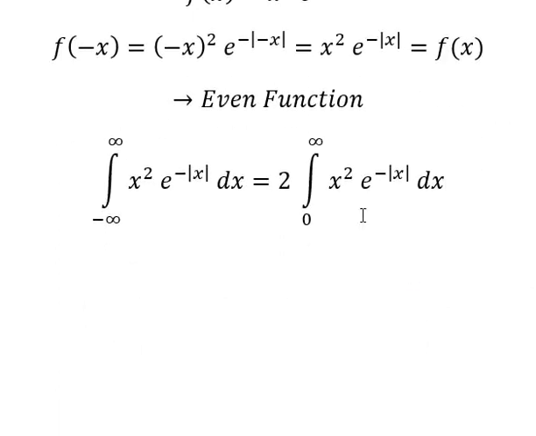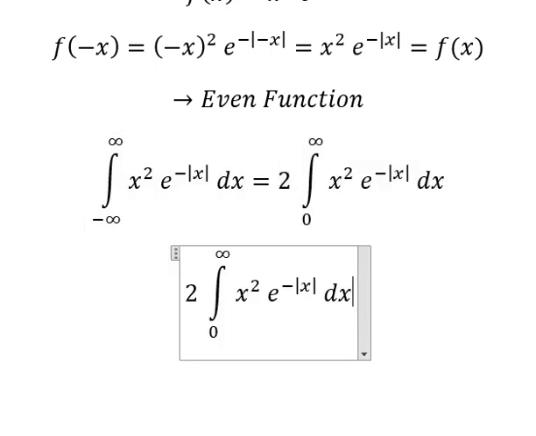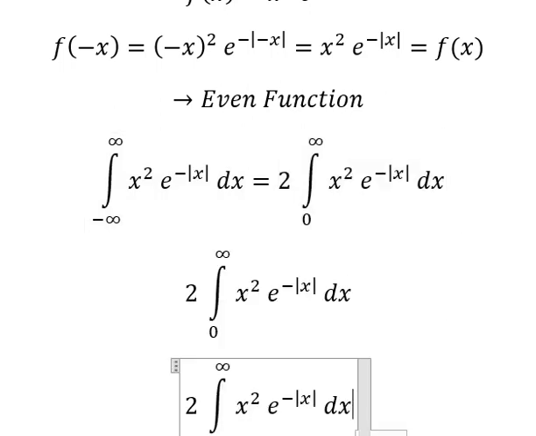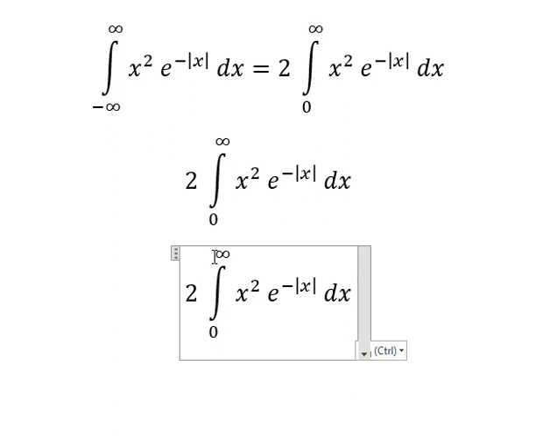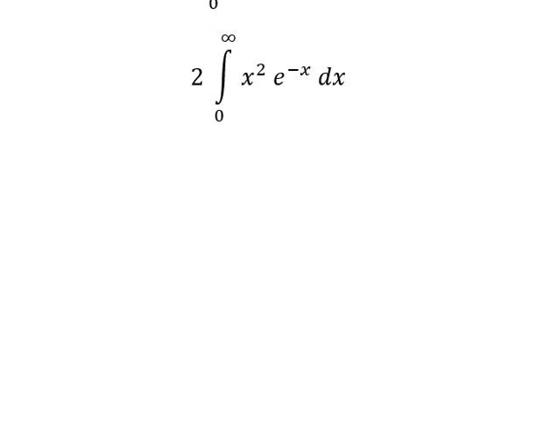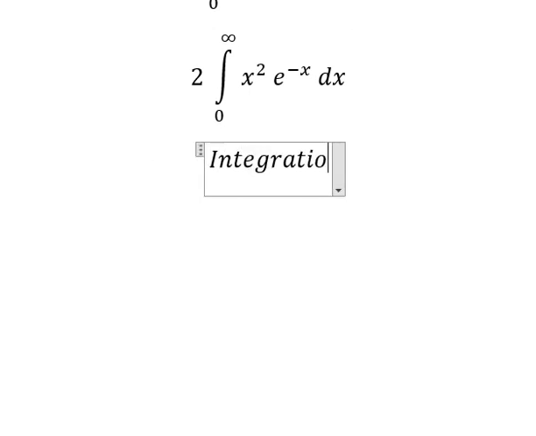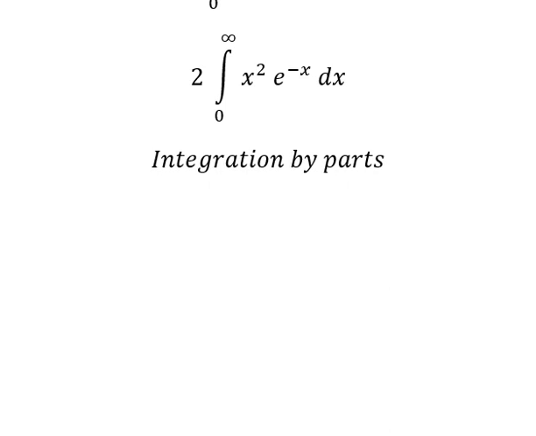So we need to find the value of this one. We know that from 0 to positive infinity, this one is always a positive number, so we can cancel the absolute value. Now for this one we can use integration by parts.